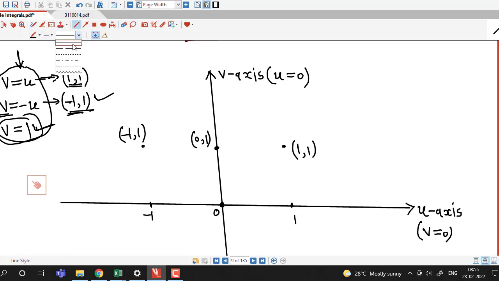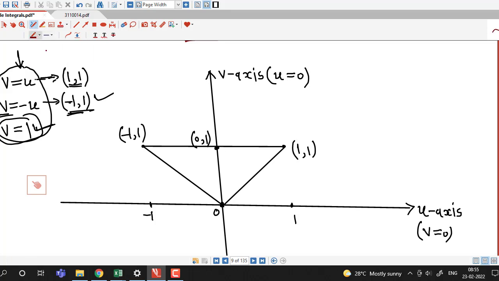And we are interested in the region bounded by these 3 lines. So this is the line v equal to 1 parallel to u axis. This is the line v equal to minus u, and this is the line v equal to u. So that we can write here this line is v equal to 1, this is v equal to u, and this is v equal to minus u.